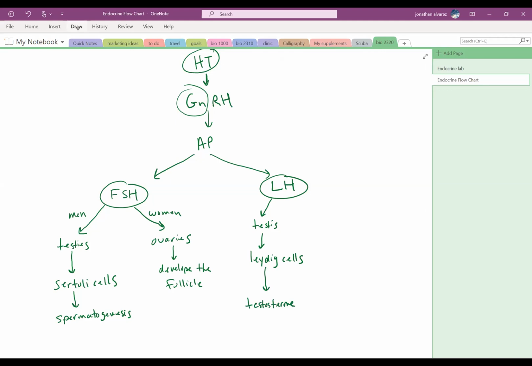Testosterone also influences spermatogenesis. In women, it goes to the ovaries, and it helps with ovulation.